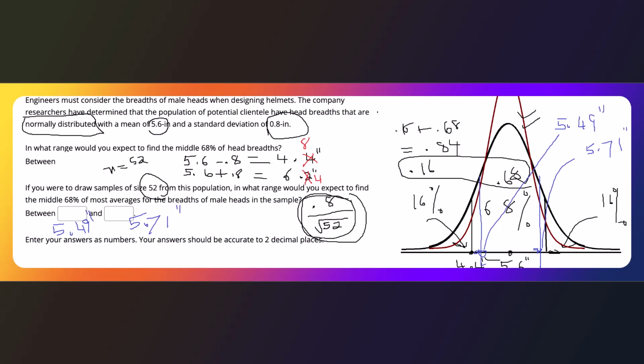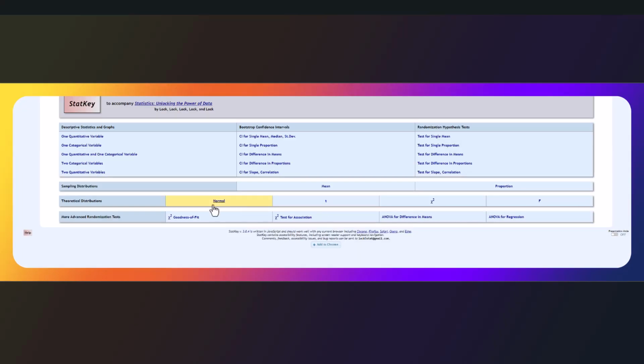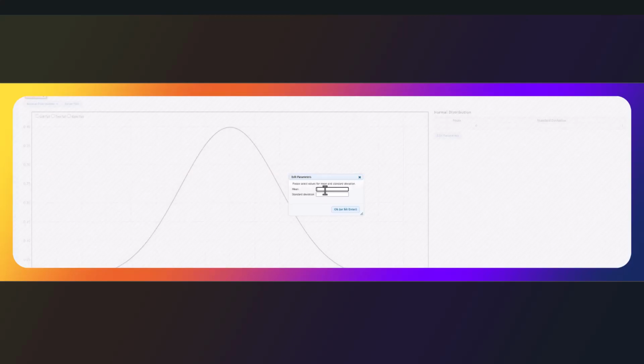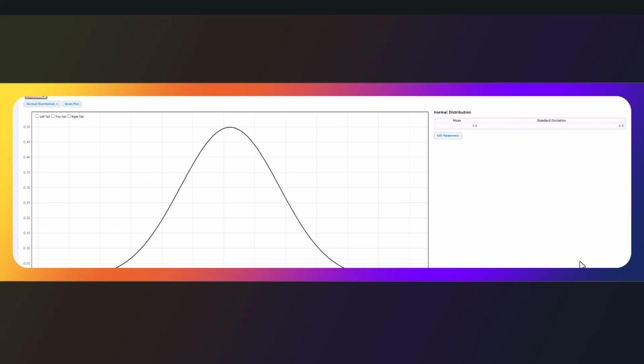Okay. Now, say you were using StatKey instead of this. You'll click on the normal distribution in StatKey and edit the parameters to what? You have 5.6 for the mean, 0.8 for the standard deviation. Here we want a two-tailed distribution. So it gives us 0.95.